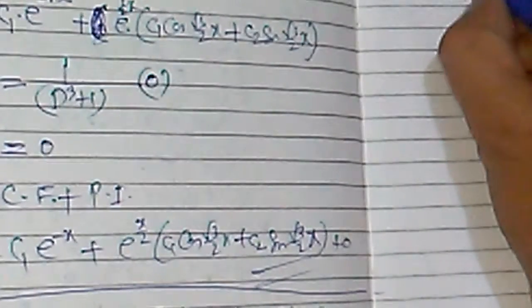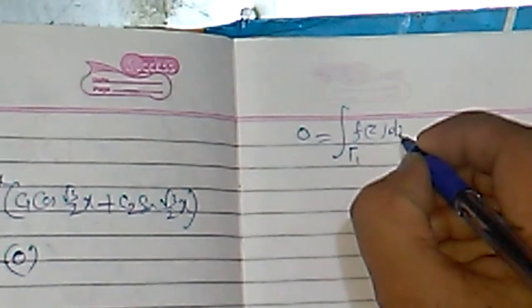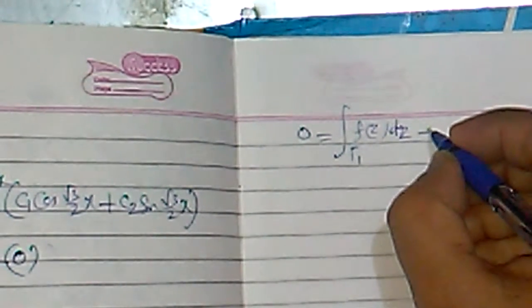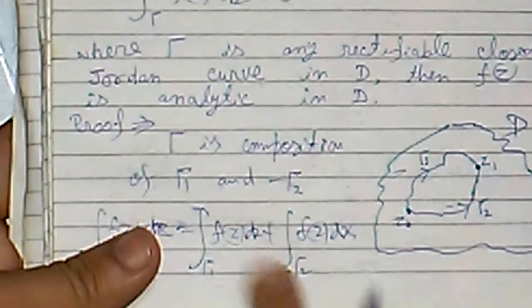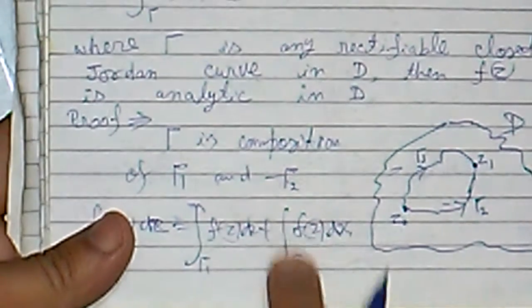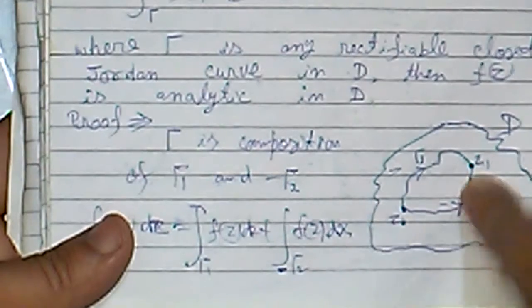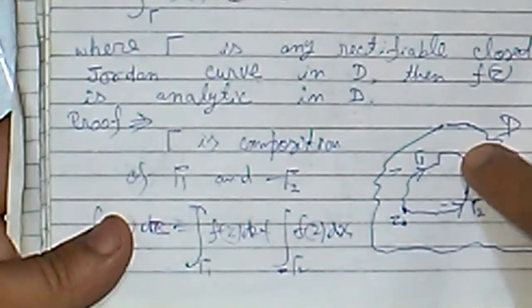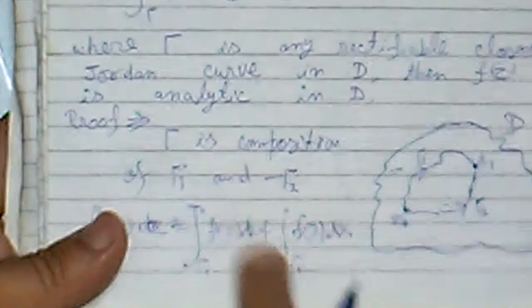We can write the integral along gamma 1 of f(z) dz plus the integral along minus gamma 2, and the sign will be changed to minus because we change the direction of moving. If we change the direction, then this value is changed.